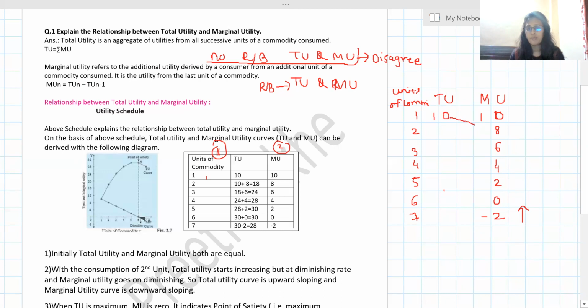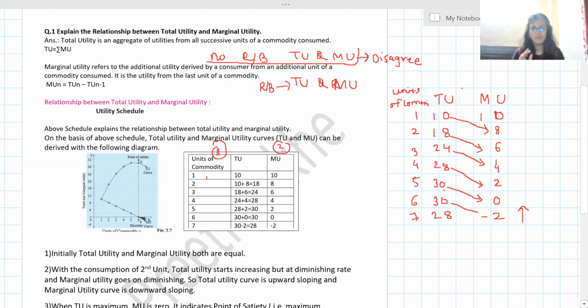Now in the next step, 10 plus 8 is 18. 18 plus 6 is 24. 24 plus 4 is 28. 28 plus 2 is 30. 30 plus 0 is 30, and 30 minus 2 is 28.